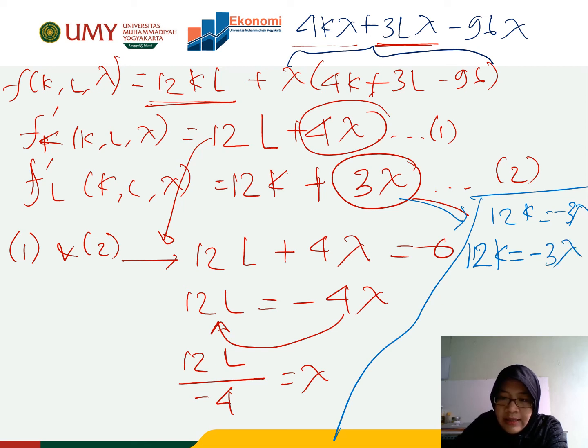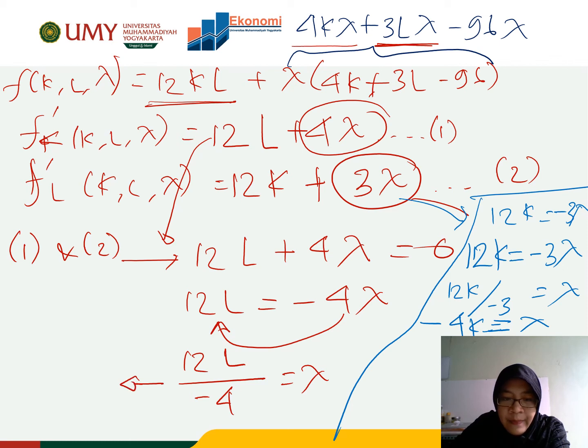So put it downstairs: 12K divided by minus 3 is Lagrange, sorry, it would be minus 4K is Lagrange, and this one could be Lagrange is equal to minus 3L. So we have this one, and we have this one.